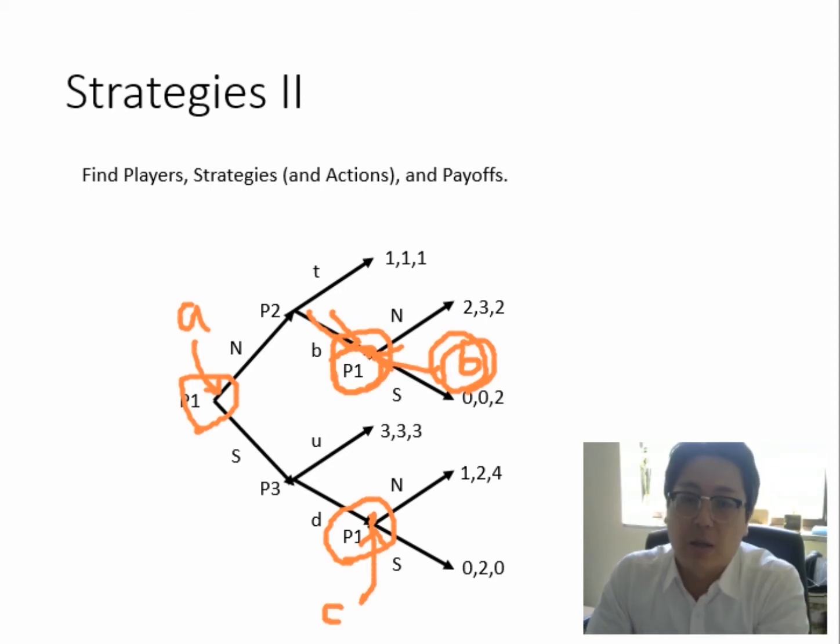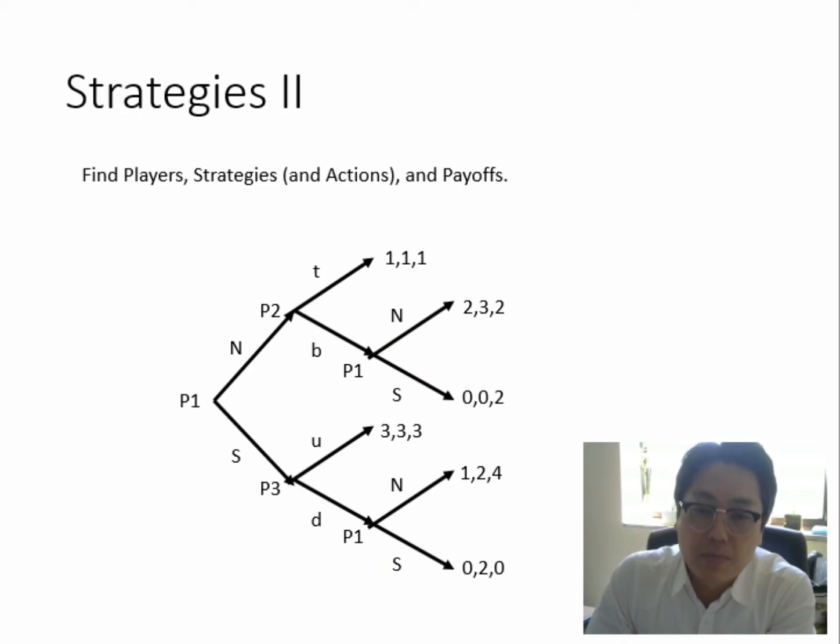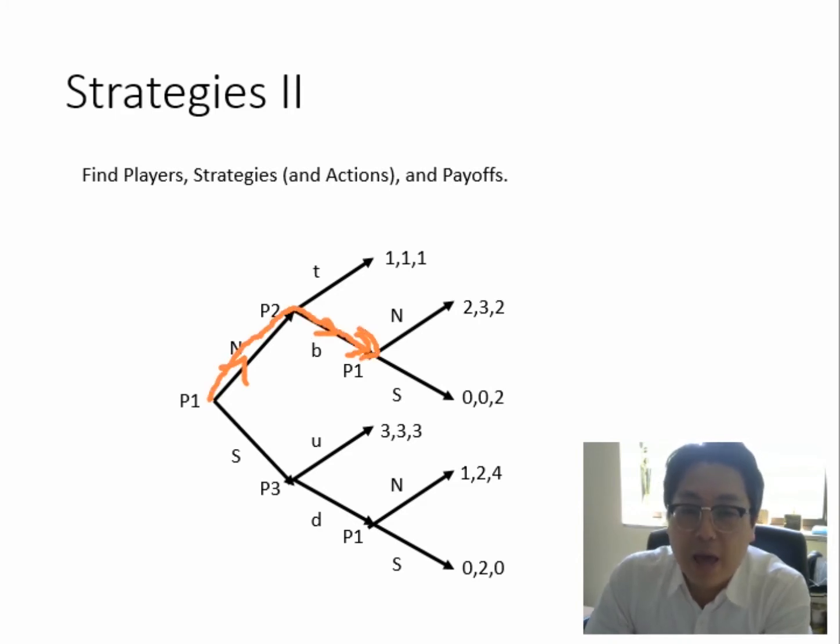Or I will say it differently. If this node is reached, surely the game should have played this path so that player 1 has a chance to choose an action at this node, right?